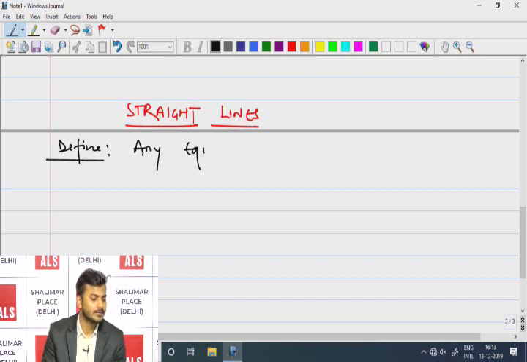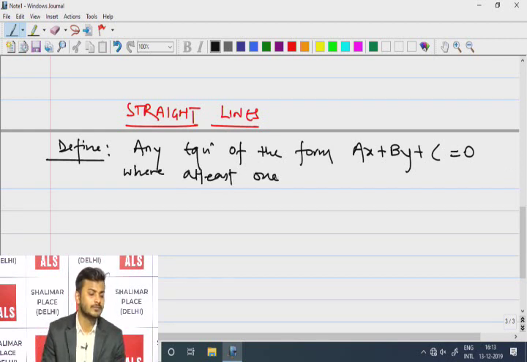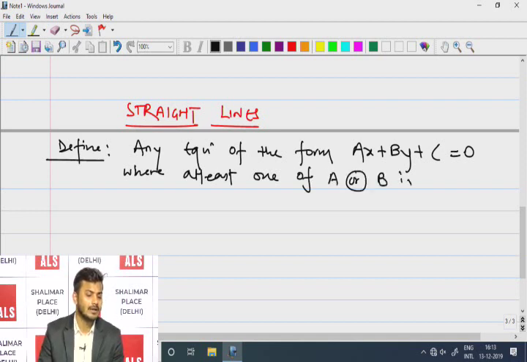Any equation of the form ax plus by plus c equals 0, where at least one of a or b is non-zero, is known as a straight line.